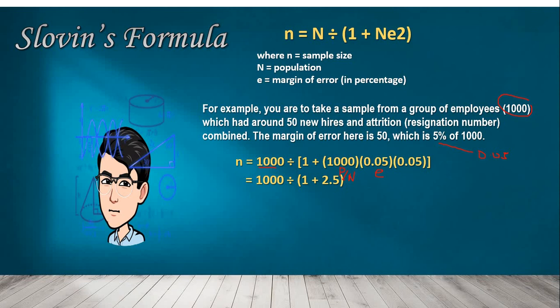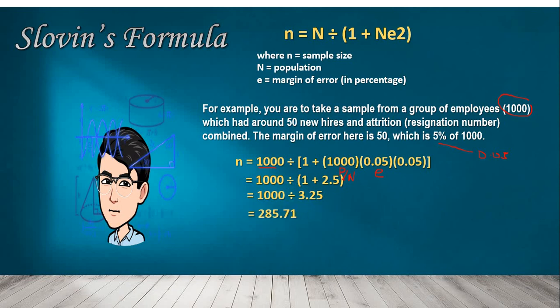So, since ito ay squared, so dalawa ang ilalagay natin. And then next, the answer is 2.5 galing doon sa 1,000 times 0.05 squared. Okay, so 1 plus 2.5, so 3.5.